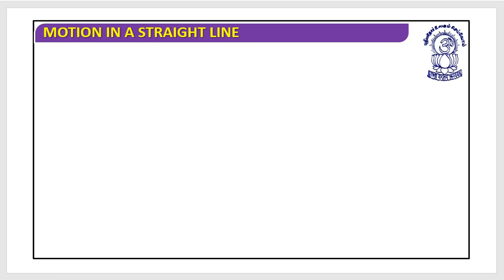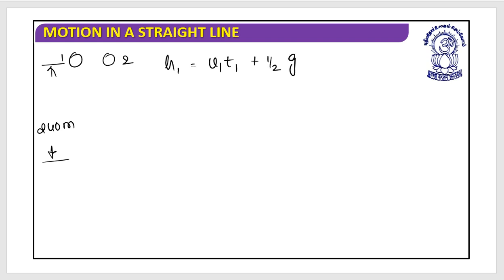So if I assume this is a 240-meter height, and this is the first object, this would be the second object, both having different initial velocities. So if I write this, h1 equals u1 t1 plus half g t1 square. And h2 equals u2 t2 plus half g t2 square.